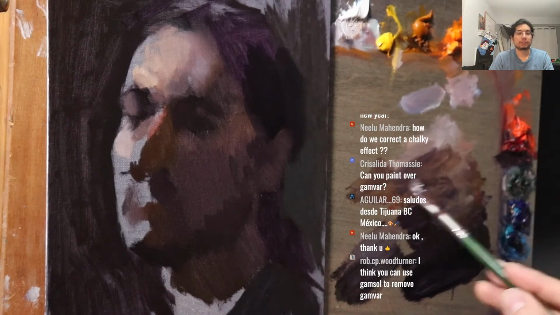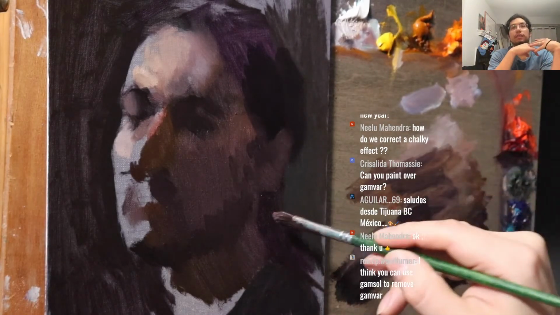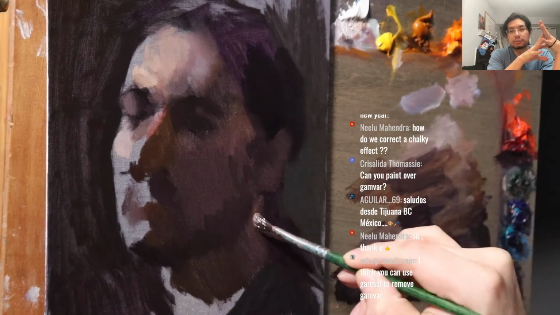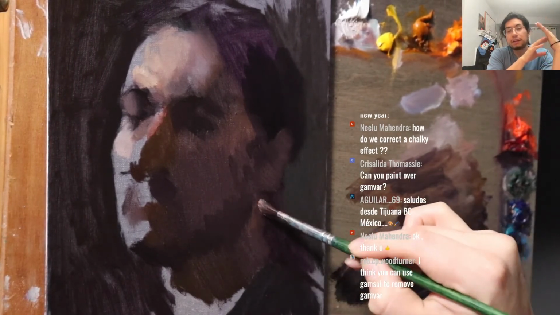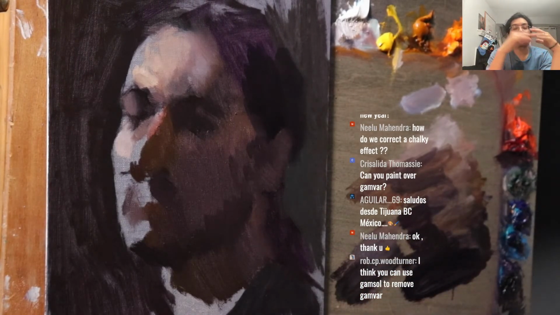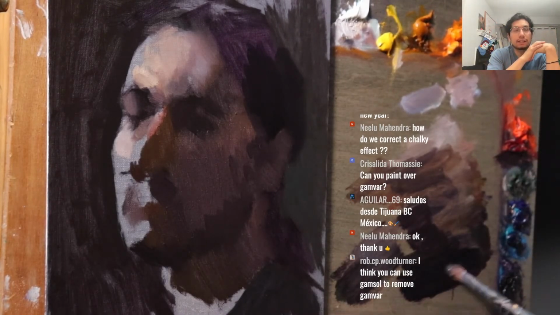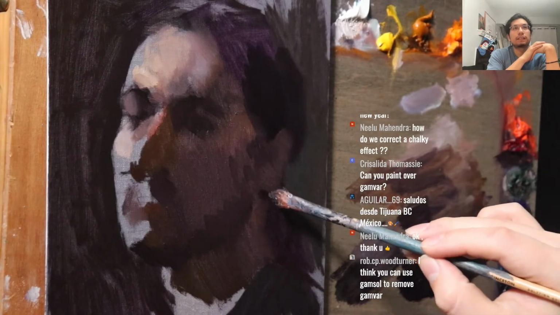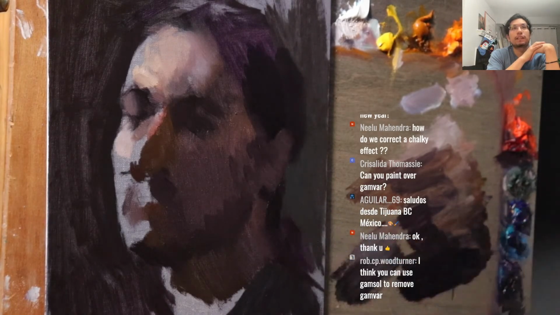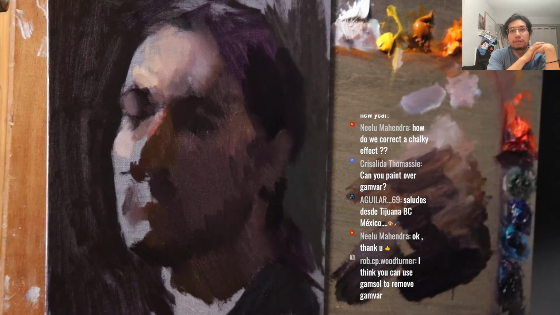For those of you questioning likeness in terms of a commission, you've heard me say this before, but if the client wants a replication of a photograph and they're willing to pay a lot of money for you to do the job of a printer, do everything you can to make it easier on yourself.